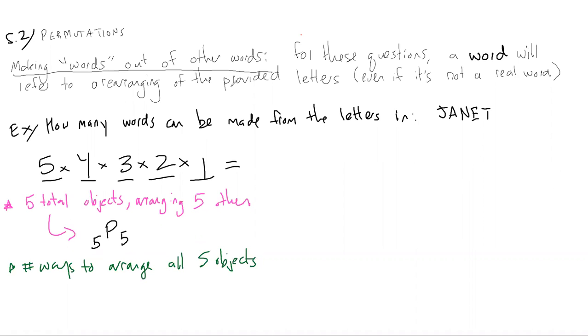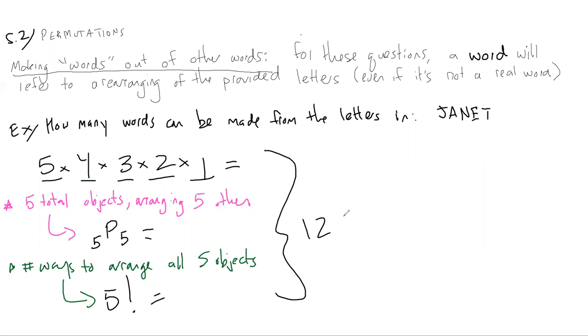It's all just tying the same concepts together. That one's 5 factorial. So whichever you prefer, these are all equal to 120. So there's 120 words. Not all of them are words, right? Tenja is not a word, but it is a rearranging of these letters.